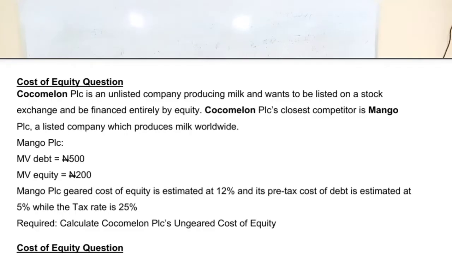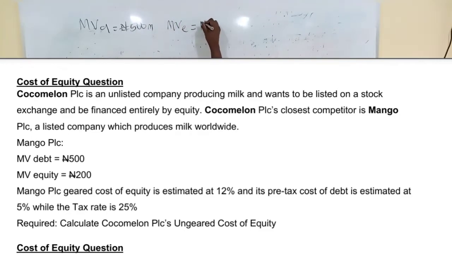So Mango PLC's details is that market value of debt is 500 million. They said market value of equity is 200 million. Mango Co's geared cost of equity. You can be remembering the M&M approach, where they said that cost of equity of a geared company is greater than cost of equity of an ungeared company.